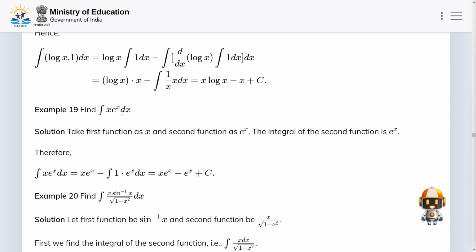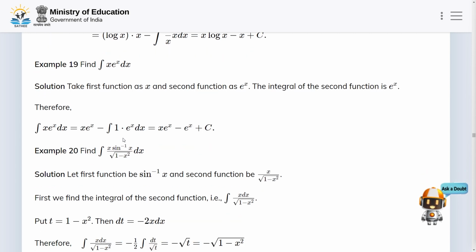According to the ILATE rule, x will be our first function, because I means inverse trigonometric function, L means logarithmic function, A means algebraic expression or algebraic functions like x, and E comes at the end of ILATE.